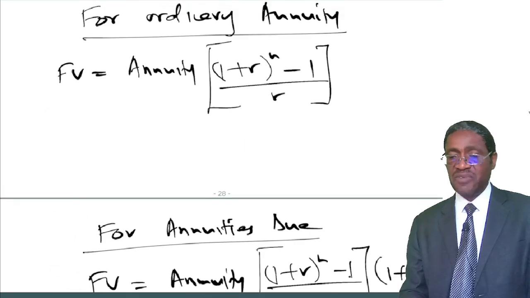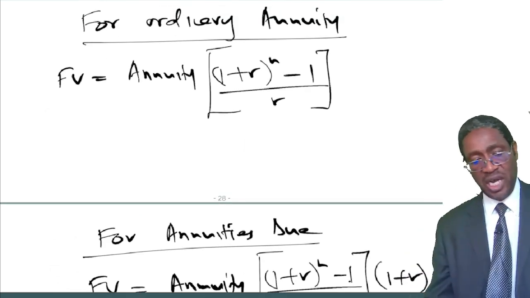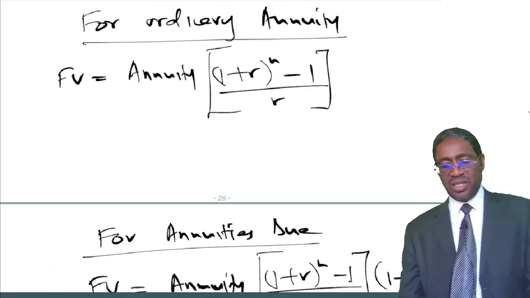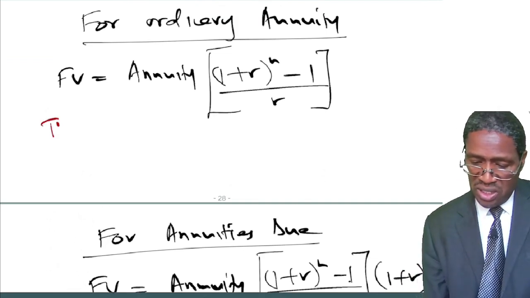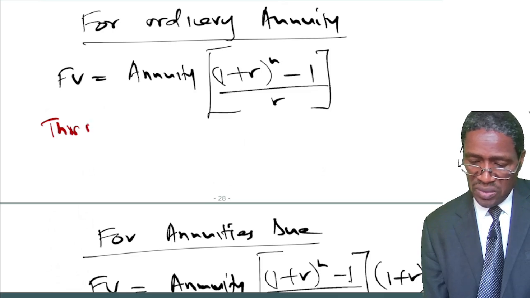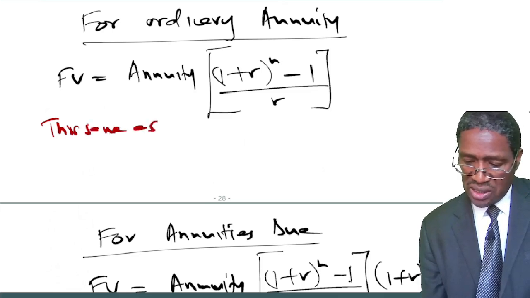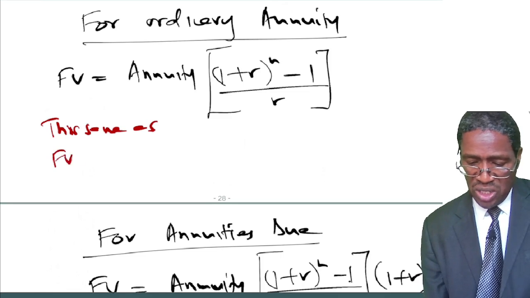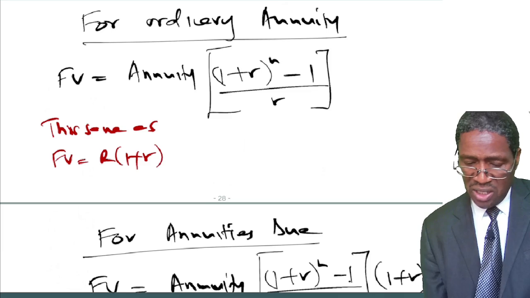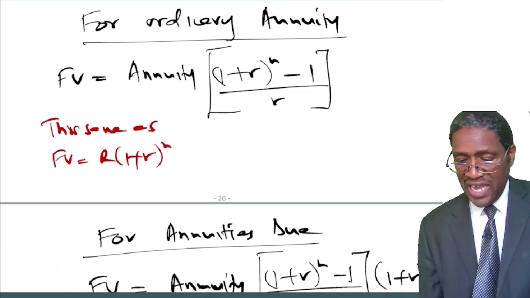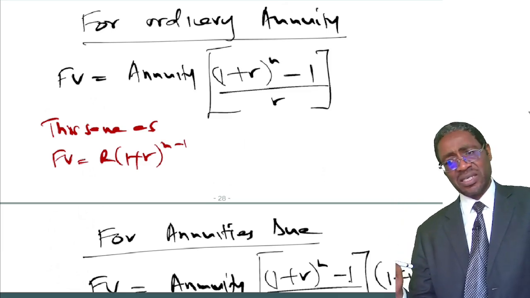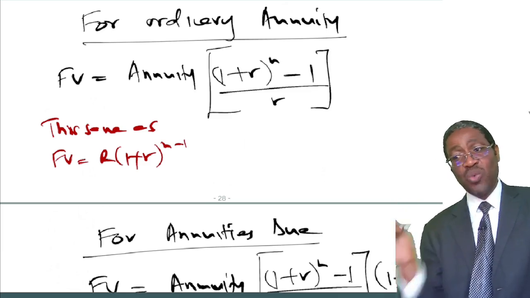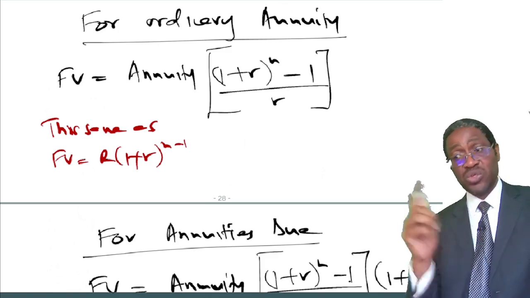This is the present value, future annuity. And I'm saying this is the same as this one. This is same as what I've said, future value equals to R into 1 plus R to the power of what? N minus 1. Because you are investing at the end. So you lose 1 year, you lose 1 year, you lose 1 year.